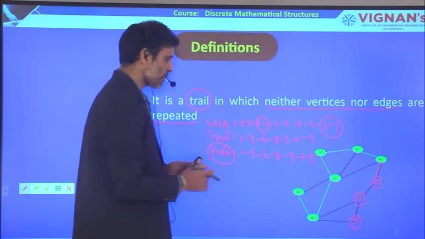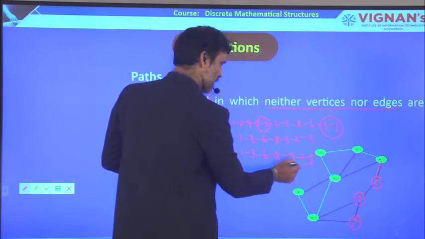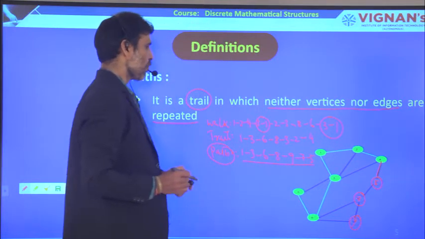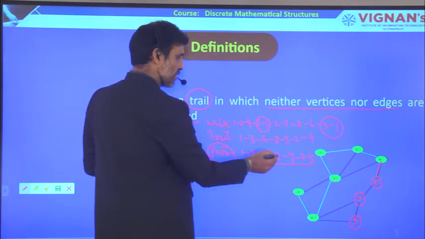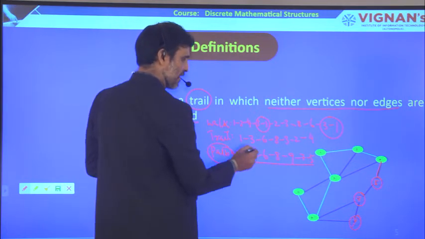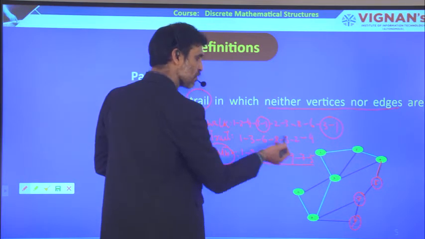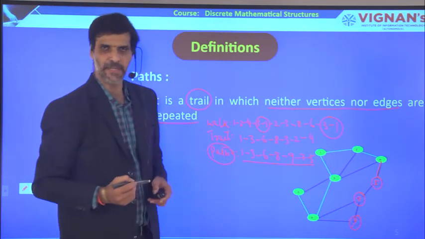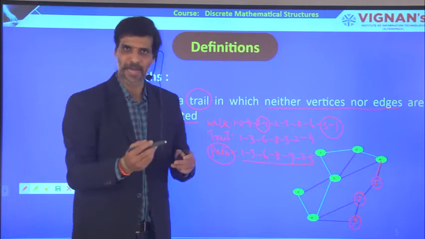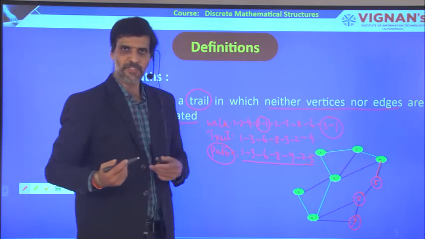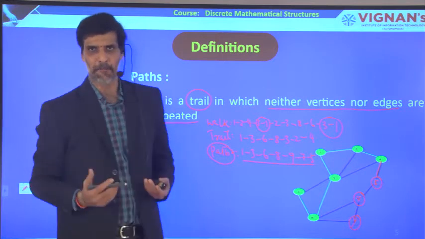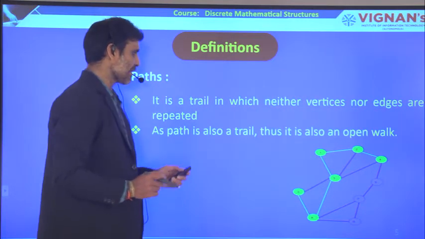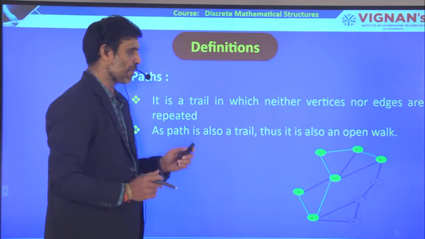If you observe this walk, it is a trial because no edge is repeated here. Edges are not repeated and vertices are also not repeated. Therefore it is called a path. These are the differences between walk, trial and path. A path is also a trial, thus it is also an open walk.